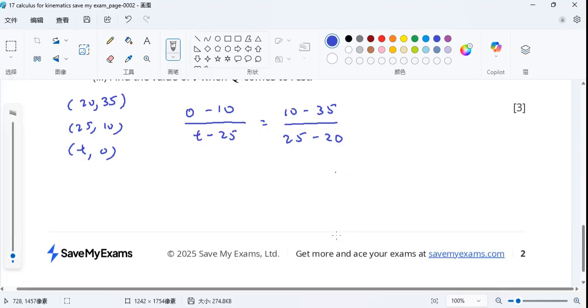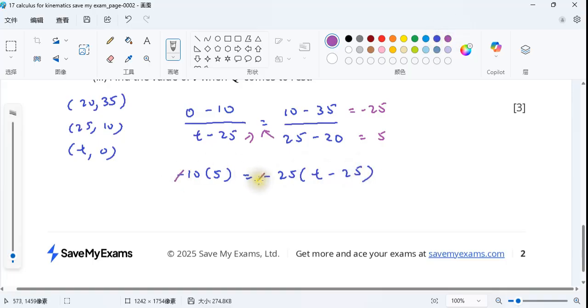So this is negative 25 and this is 5, and we do the cross multiplication. Then we have negative 10 times 5 equals negative 25 times t minus 25.